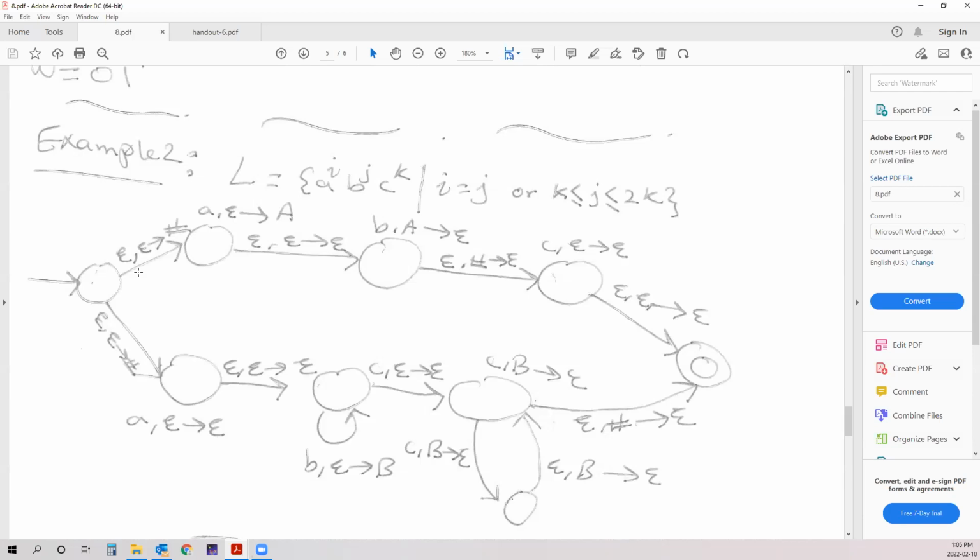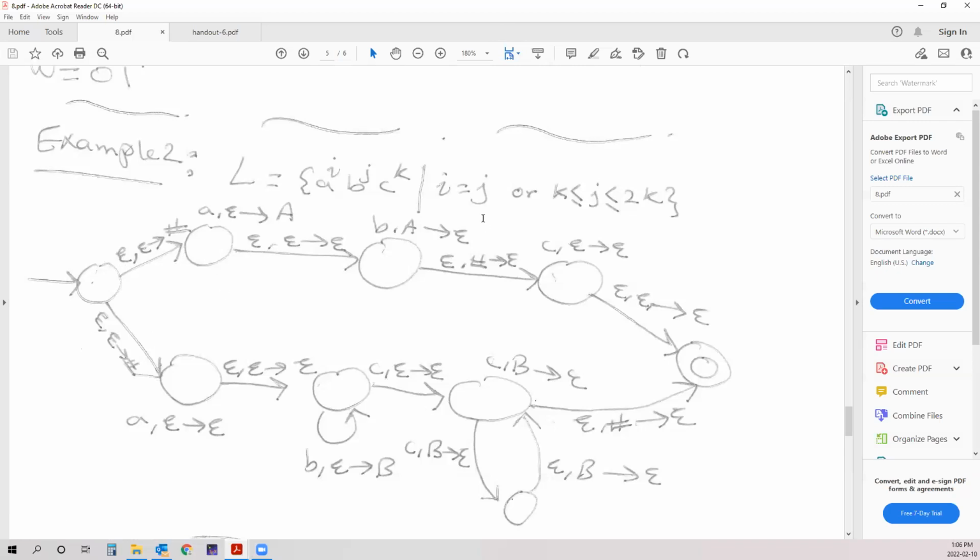If we have a language L that has a to the power i, b to the power j, c to the power k, where i equals j, which means the number of a's equals the number of b's, or j is greater or equal to k and less than 2k. So here, the condition will take us to two branches.